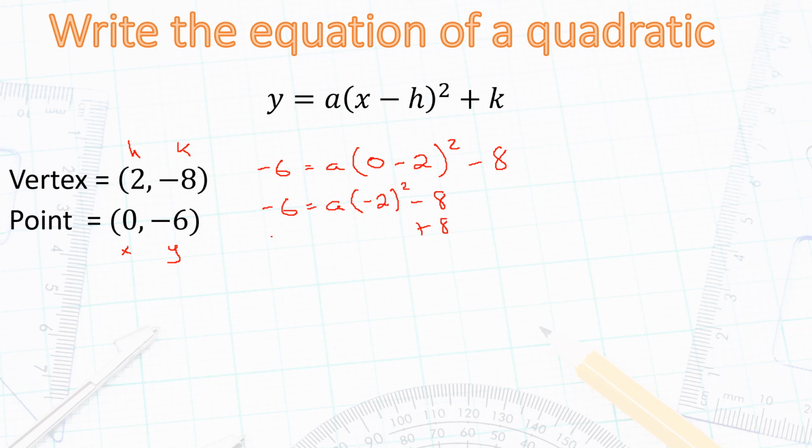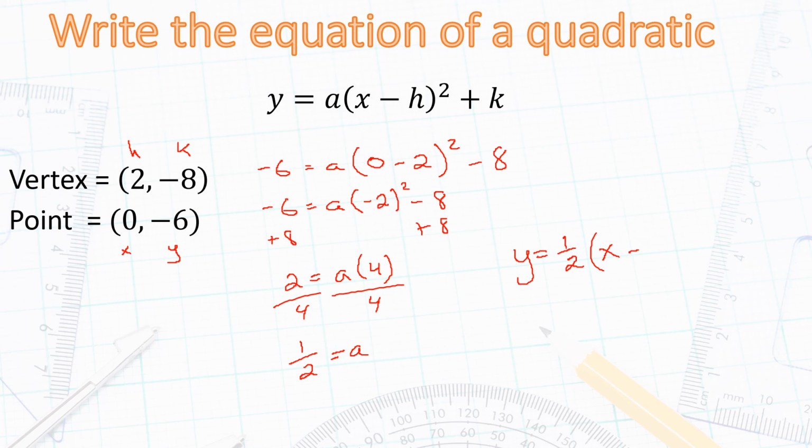Let's add 8 to both sides. 2 is equal to a times -2 squared, and we already saw that, that's 4. So then I'm going to divide by 4 on both sides, and 1/2 is equal to a. So my equation is y equals 1/2. Go back to x, minus 2 squared minus 8.